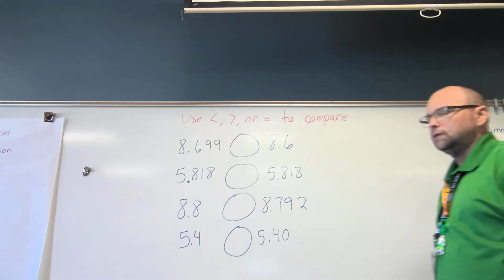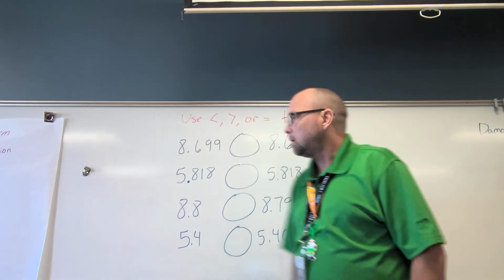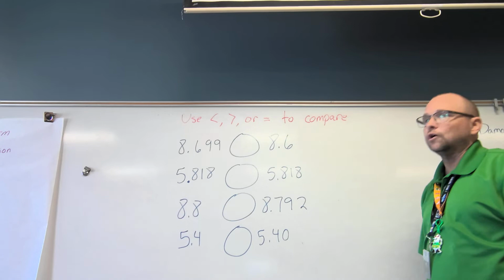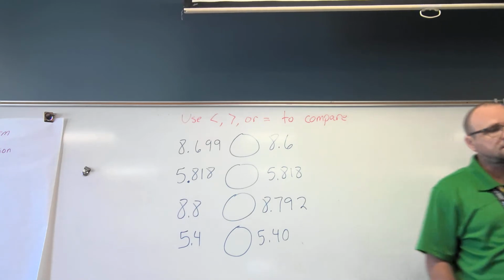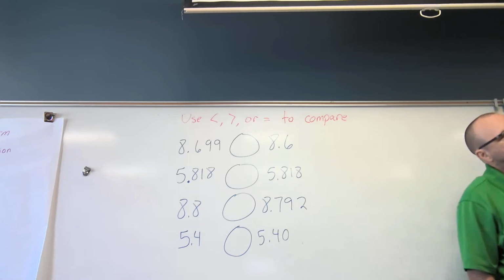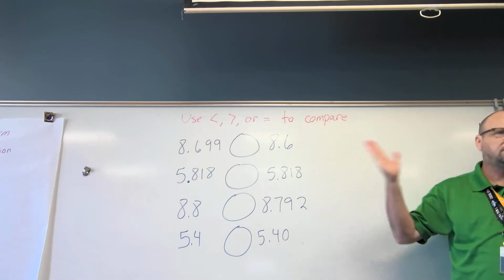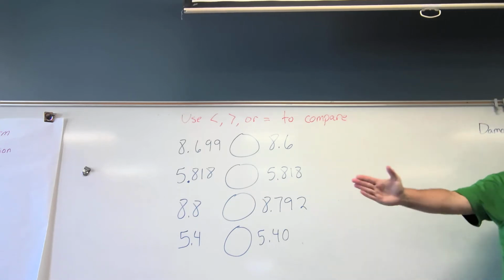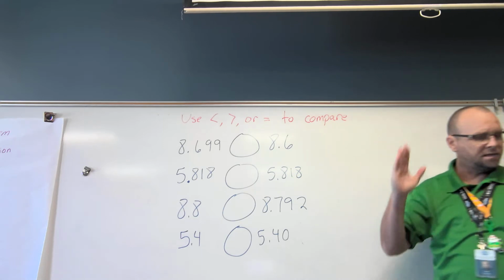Our first problem, and we're going to learn how to say this. We don't say the open end or that one's bigger. We're actually going to read them like in words as a sentence. It's real easy actually.